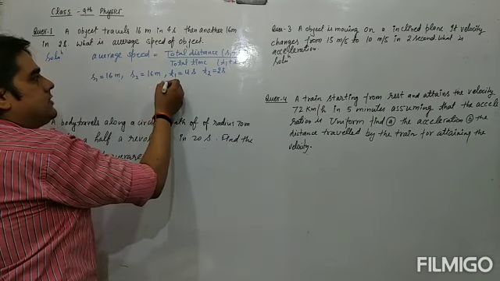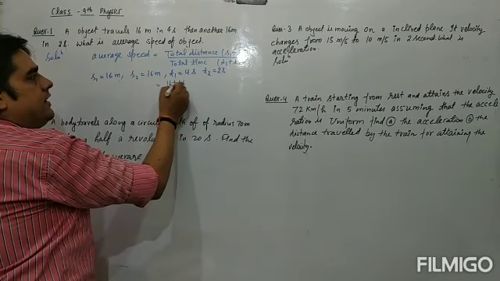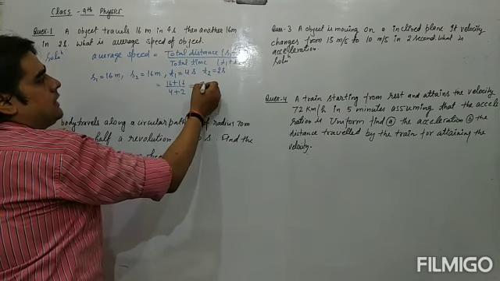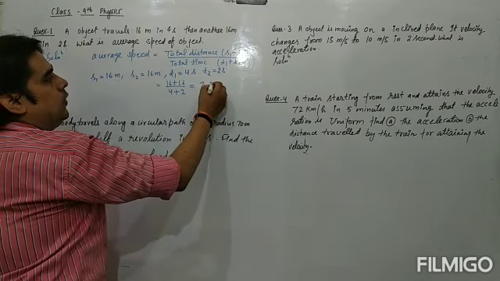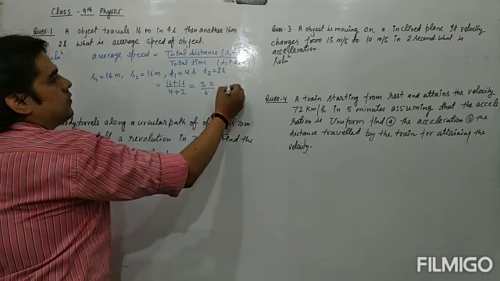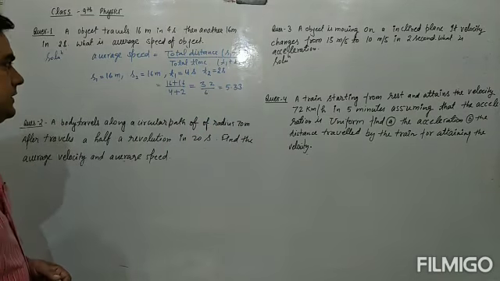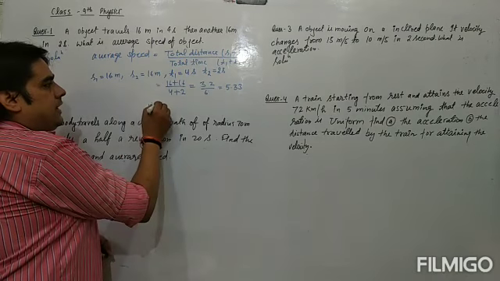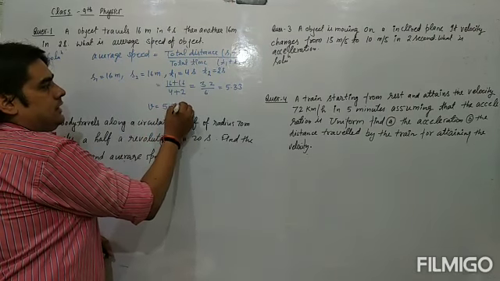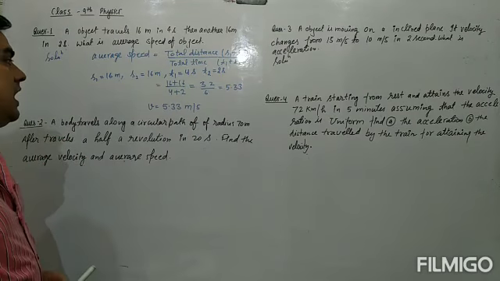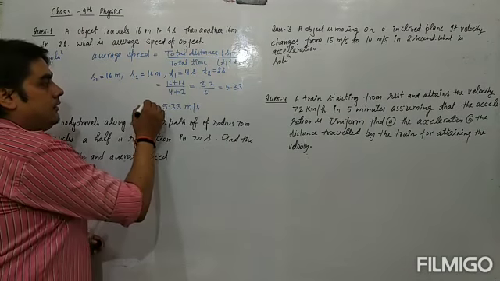When you write these values, 16 plus 16 upon 4 plus 2, that is 32 by 6, 5.33. So the average speed is 5.33 meter per second. This is the answer of the first part.